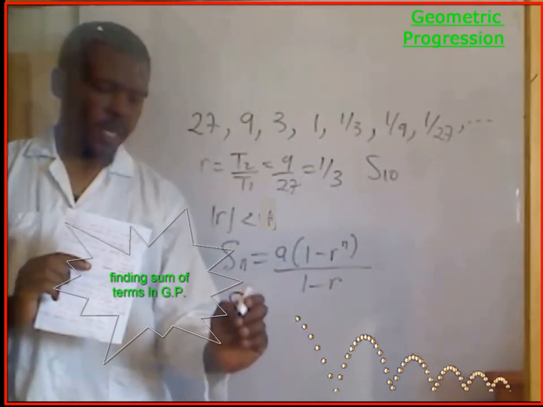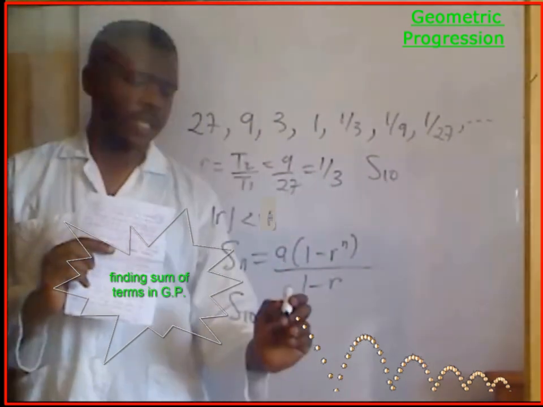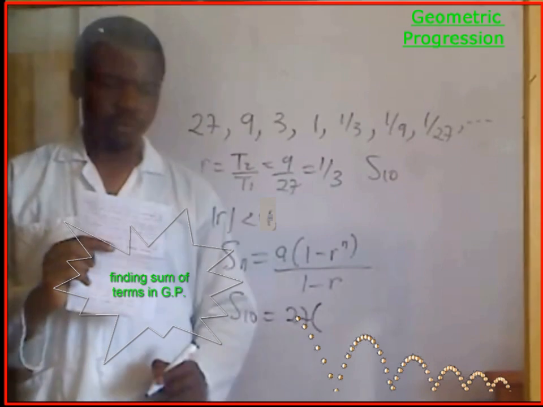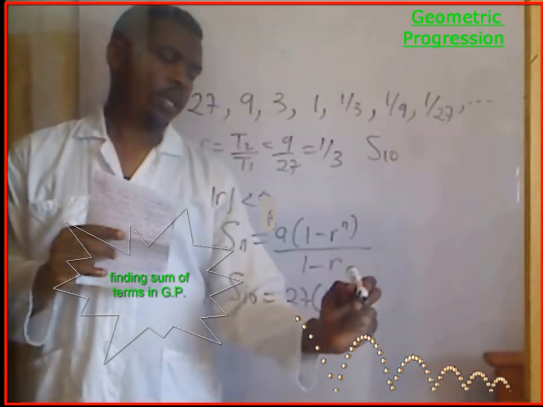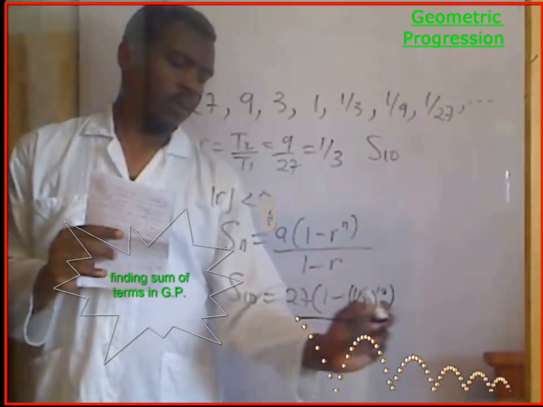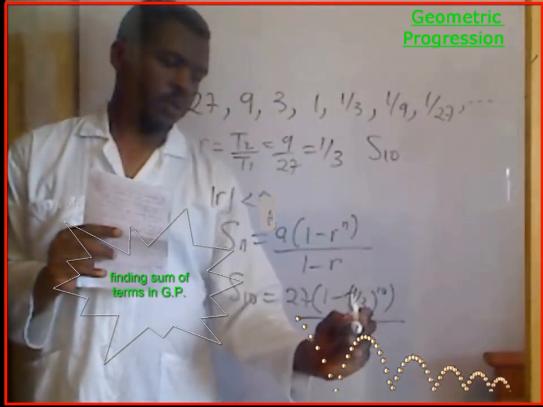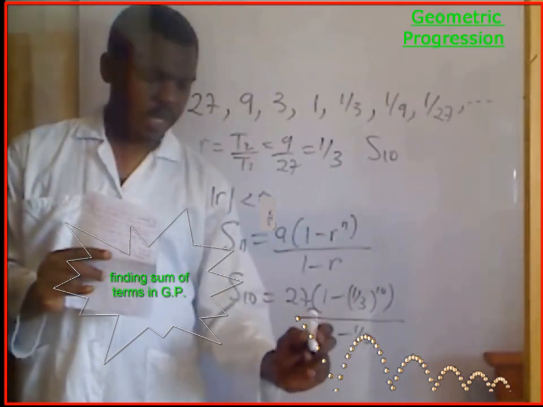So the sum of the first 10 terms will be a, 27, times (1 minus 1/3 to the 10th) all over 1 minus 1/3. Here we need a calculator.